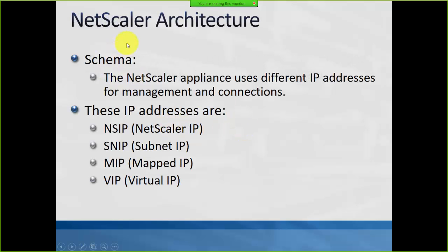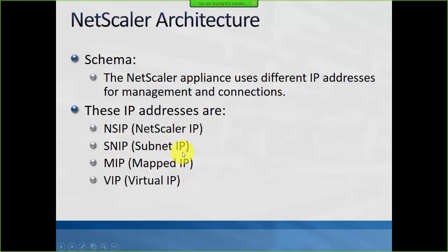Now this is the architecture. There are these configurations that we will be seeing, although what we are configuring today is going to be a little simple, but we should at least know all these. The NetScaler appliance uses different IP addresses for management and connections. These are NSIP, the NetScaler IP itself, to access the NetScaler.